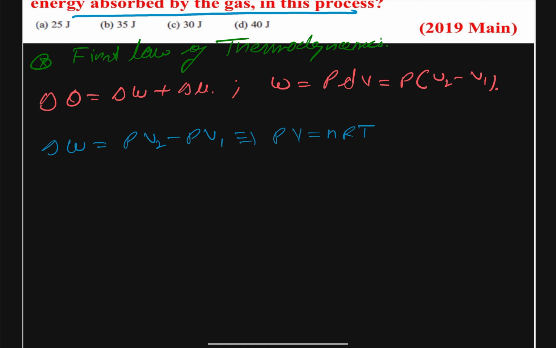Therefore we can write that our delta W is equal to PV2. We can write this as our nRT2 minus nRT1, which gives us nR delta T. Okay, and this W is known to us, so nR delta T is 10.